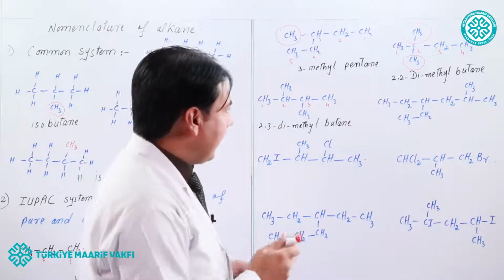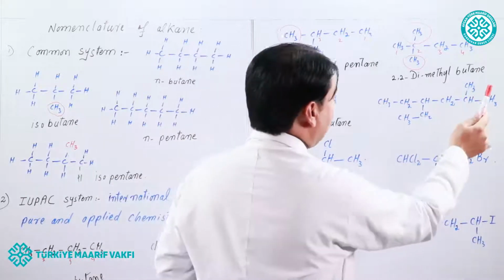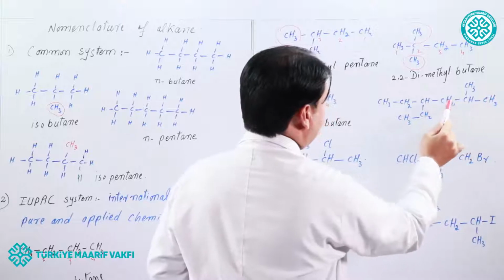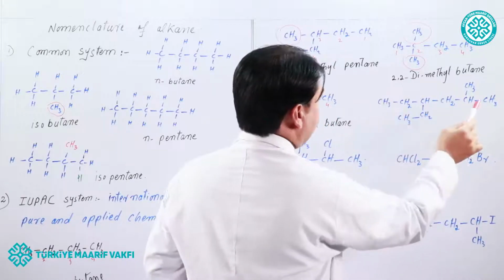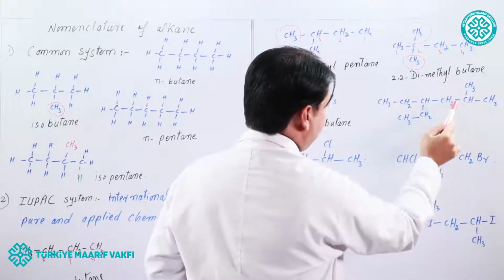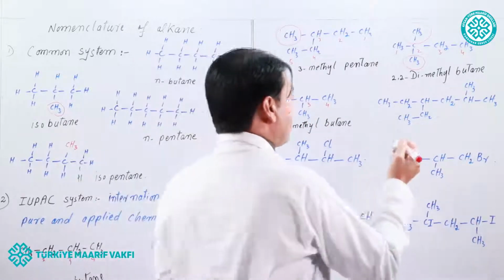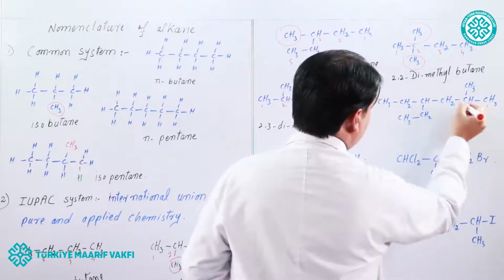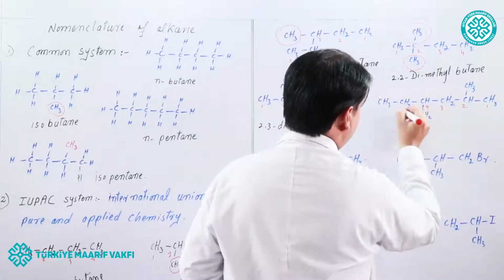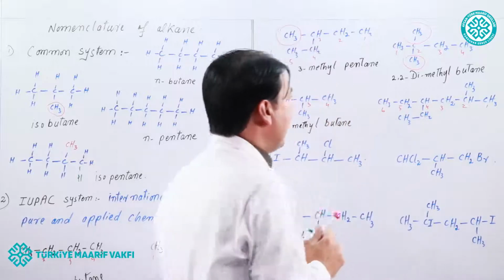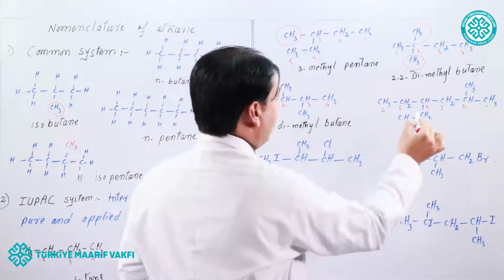Now look at another example. Select the longest chain, 1, 2, 3, 4, 5, 6. If we start from the other side, 1, 2, 3, 4, 5, 6, it is the same number of carbon. So we have to start the numbering 1, 2, 3, 4, 5, 6. How many substituents are there? Look here.